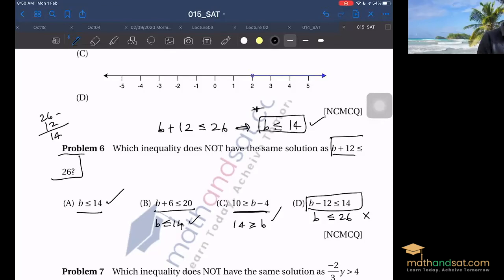The question asks which inequality does not, so you have to mark D as the answer. Our answer will be D because the question talks about the inequality which does not have the same solution. Clear?